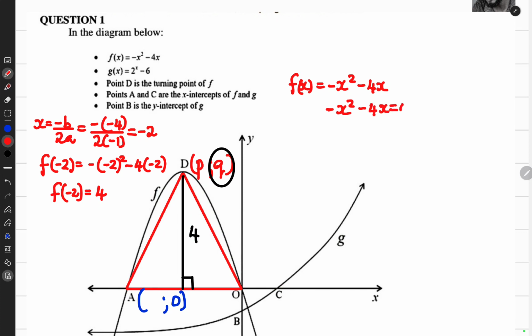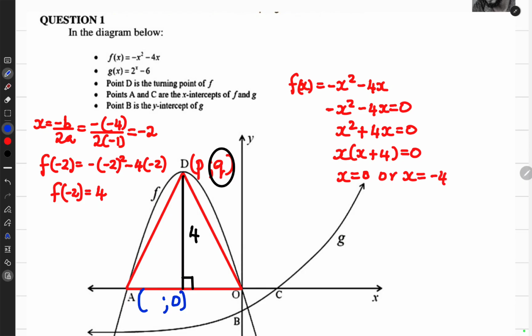We'll equate to 0 and say x squared plus 4x should be 0. We're going to have x times x plus 4 equals 0. So x will be 0, or x will be negative 4.